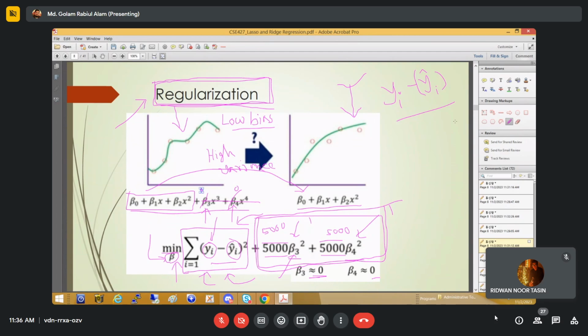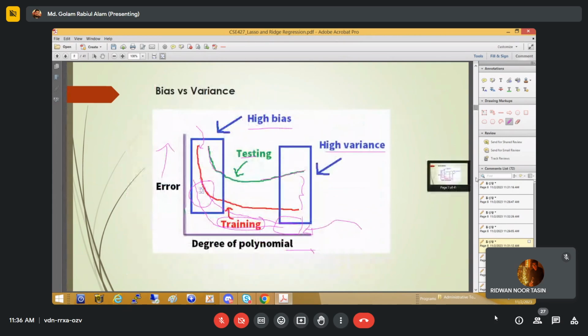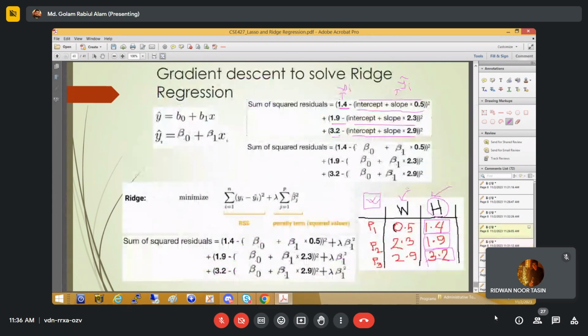Usually in our least square method, in our linear regression method, we didn't use beta. Here we have intercept and slope, and as I already mentioned, we can consider this intercept as beta 0 and this slope as beta 1.